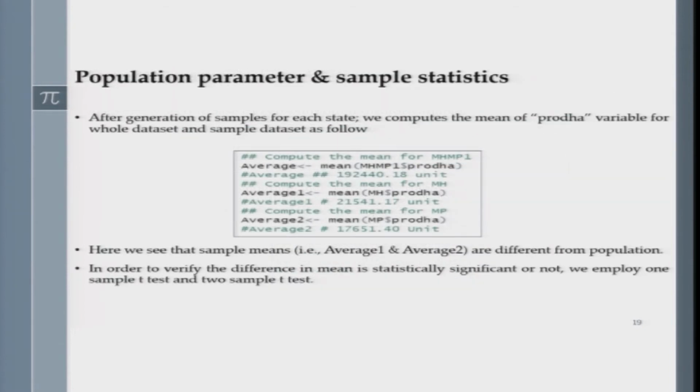Now, I want to compute the population parameter and sample statistics from the data. Again, we are showing this exercise for the PRODH variable, the monetary value of the crop output per hectare, and here you have to write the average command to get the value of the mean from the entire data set.